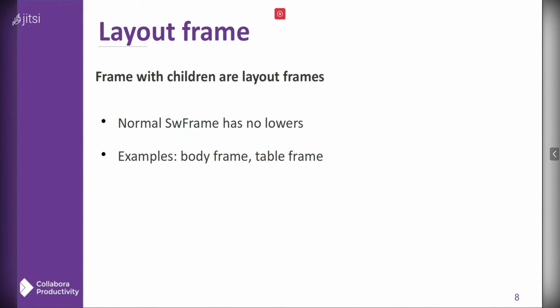Now, we have layout frames, which are similar to the normal frames, except normal frames can go lower, so they can contain other frames. And then for any functionality which is around containing other frames, that's layout frames, and everyone derives from this SwLayoutFrame. So the body frame, table frame, header frame, footer frame, all these are layout frames.